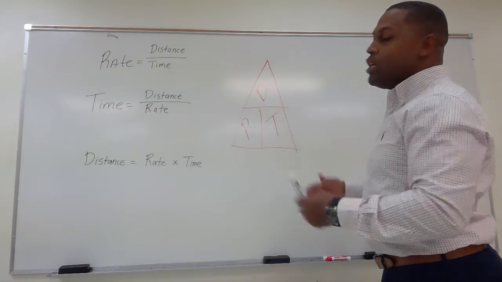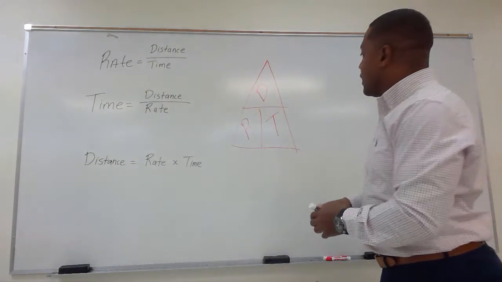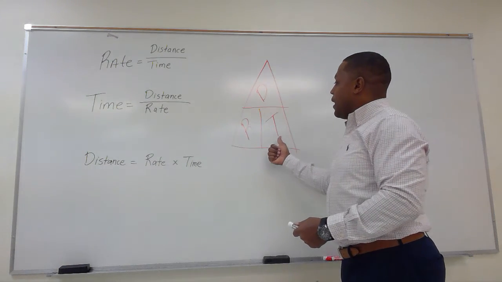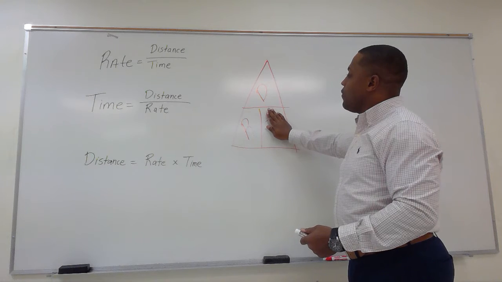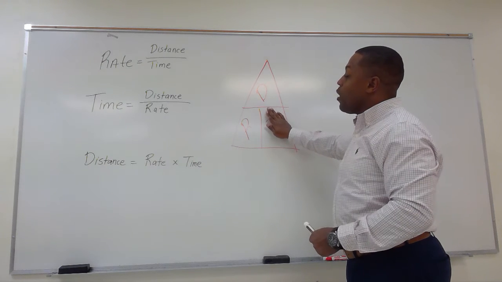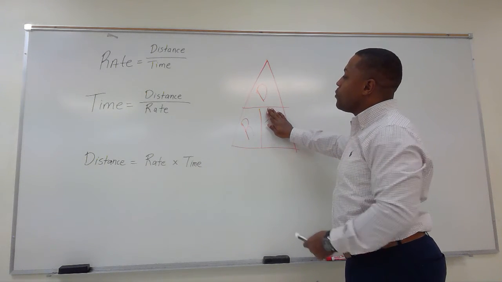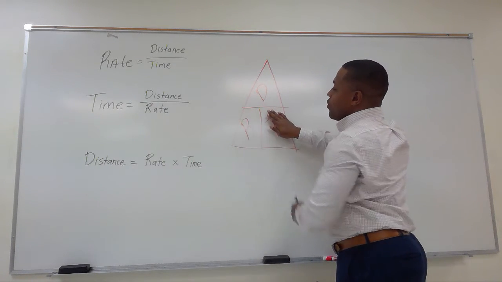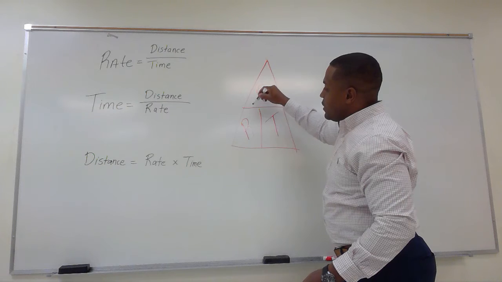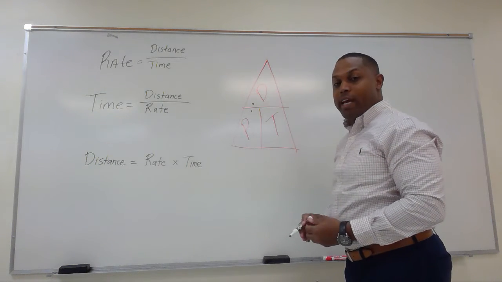So whatever I'm looking for, I need to cover that up. So if I'm looking for how long did it take, which would be time, I would cover that up, and this triangle helps me to remember that time is D over R, distance divided by rate.